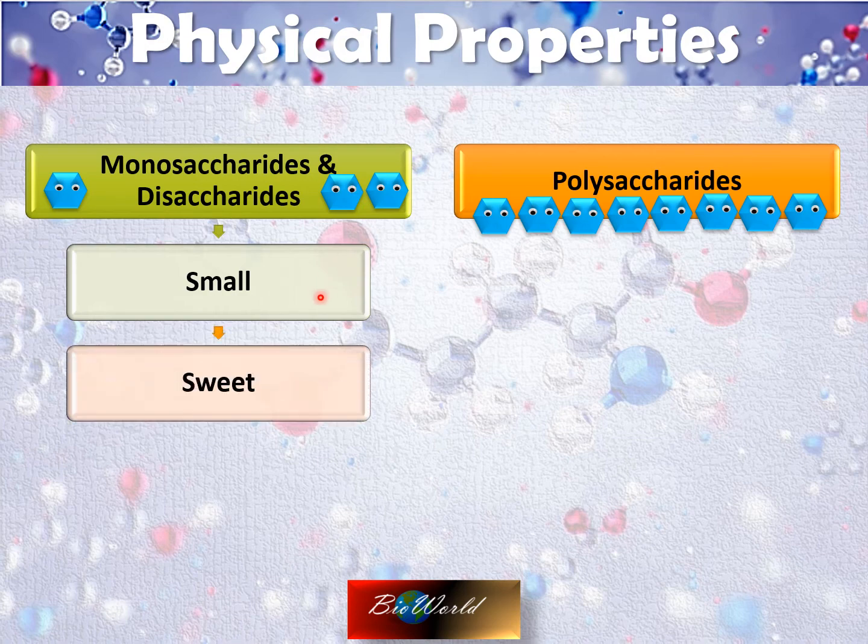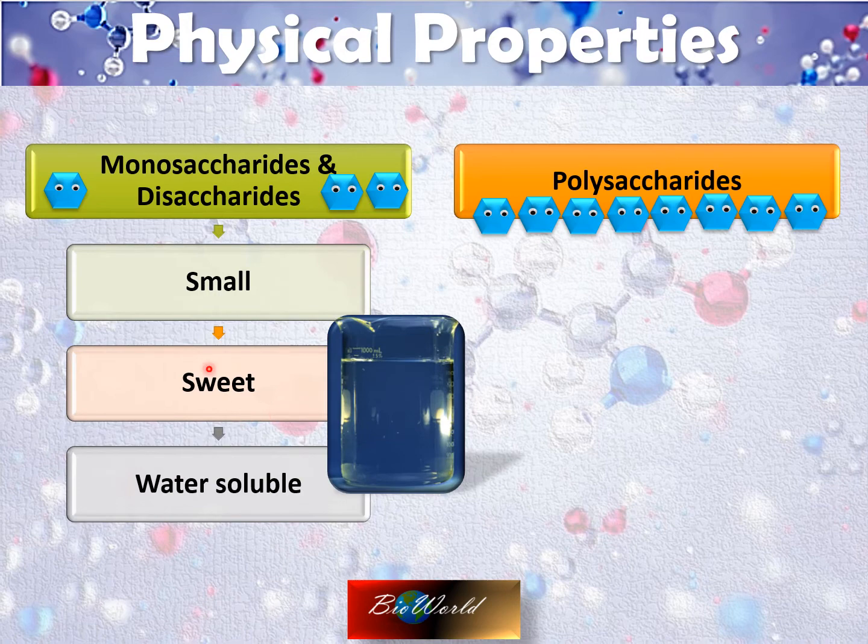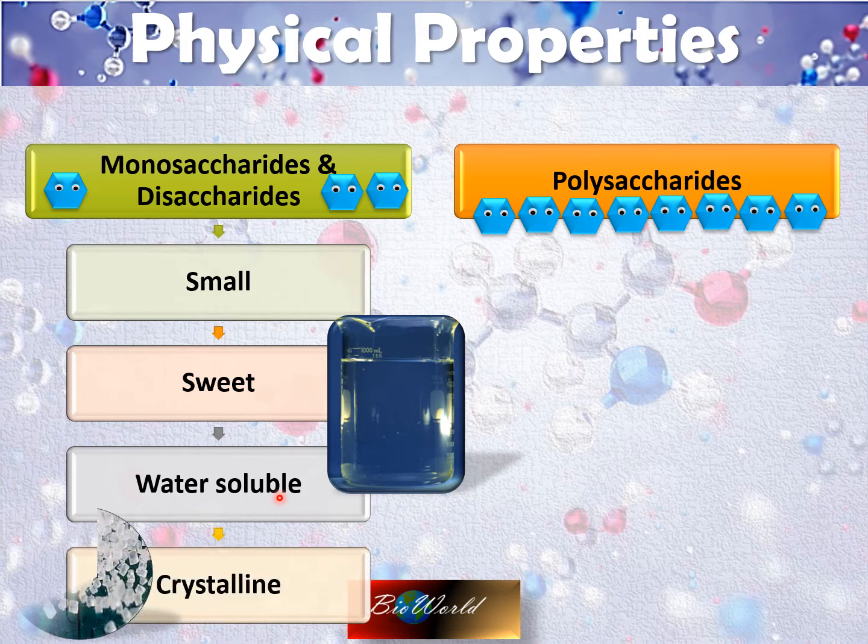It is also found that they give us a taste of sweetness when we consume them. If we mix monosaccharides and disaccharides in water, they completely dissolve, making them water soluble. And physically, they have a crystalline structure.